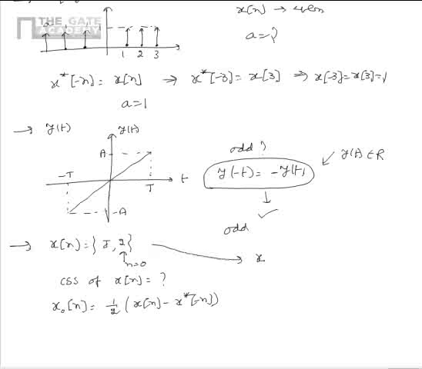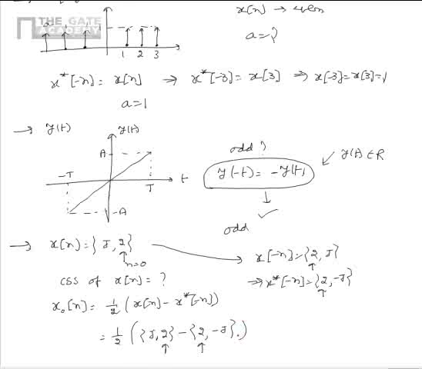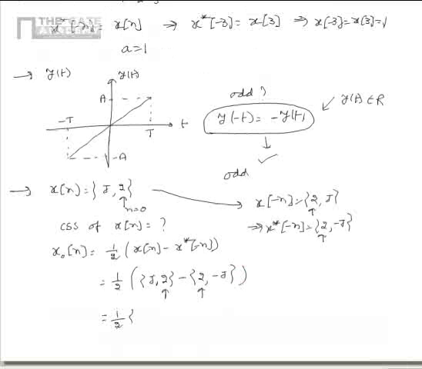For the given x of n, x of minus n is equal to 2 comma j, where 2 corresponds to the instant n is equal to 0. From this, x star of minus n would be equal to 2 comma minus j. Upon substitution, we get xo of n as half multiplied by j comma 2 minus 2 comma minus j. Upon simplification, this becomes half multiplied by j comma 0 comma j.